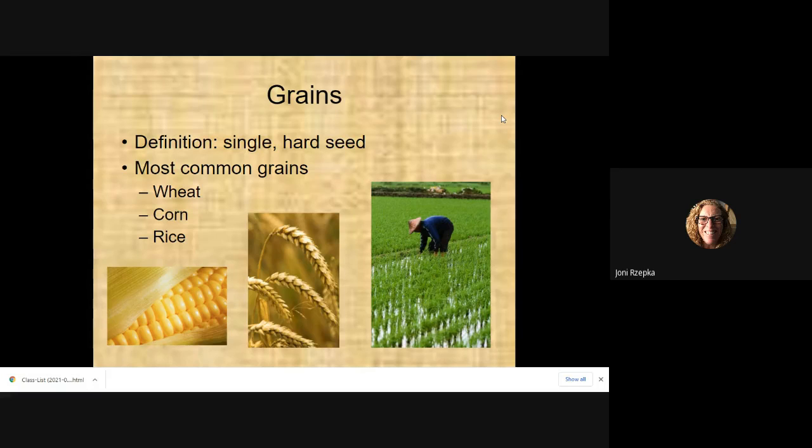And then if you could just add this up by the definition of grain, where it talks about the single hard seed, that grain is a good staple food because it has good keep quality. It doesn't cost very much, and it's a high energy food.